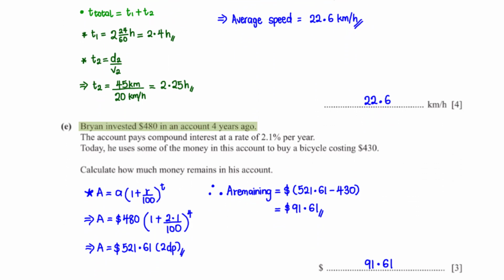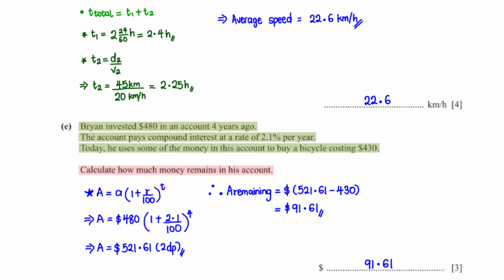Brian invested $480 in an account 4 years ago. The account pays compound interest at a rate of 2.1% per year. Today, he uses some of the money in this account to buy a bicycle costing $430. Calculate how much money remains in his account.